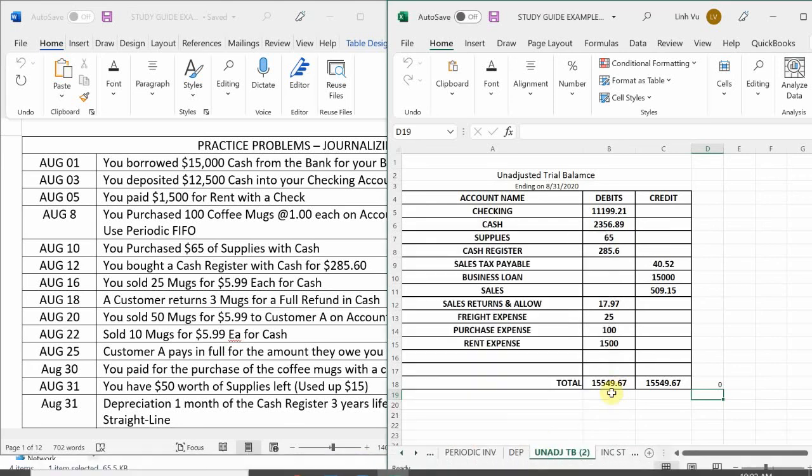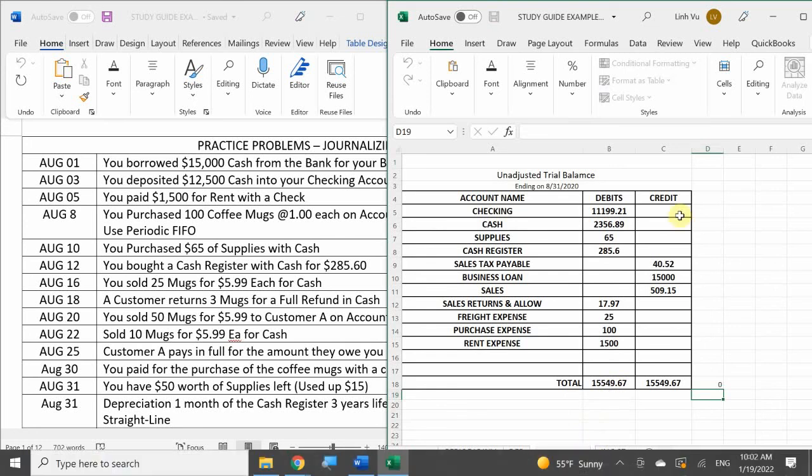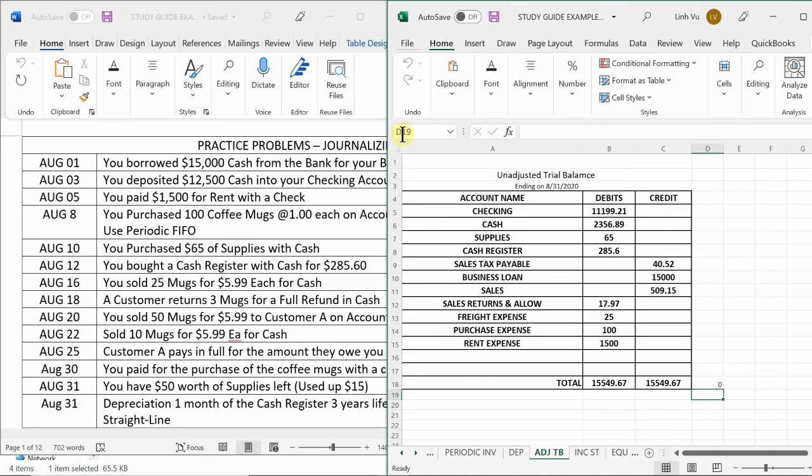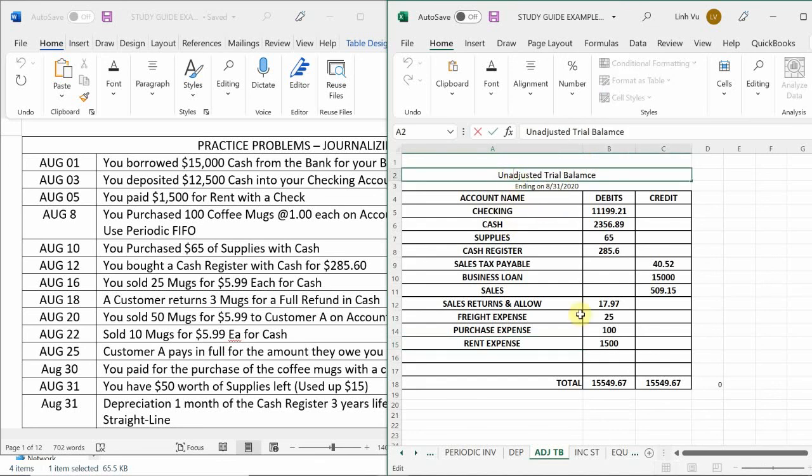Okay, so then now this is the adjusted trial balance. You can fix what you need to fix. Okay, so starting with our first account here.